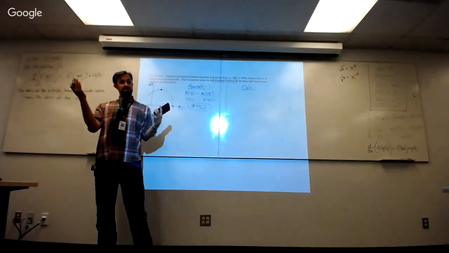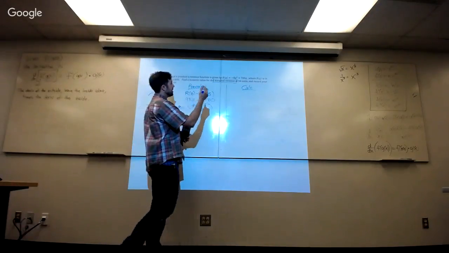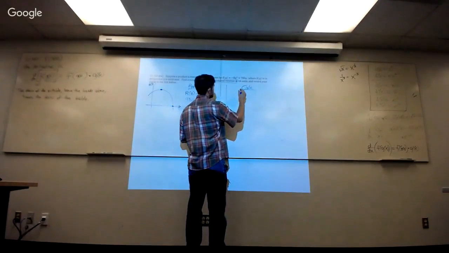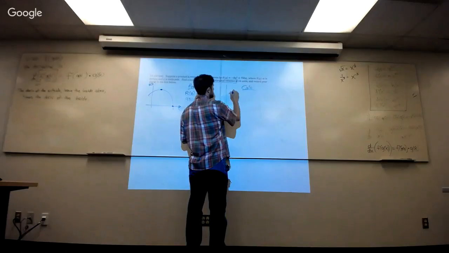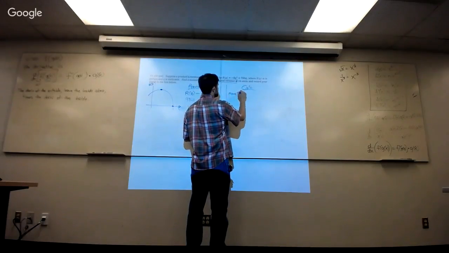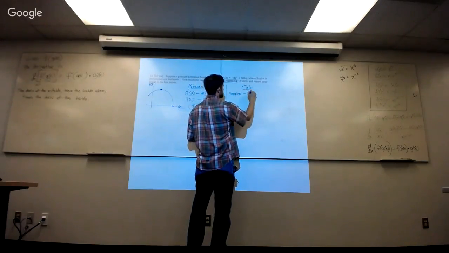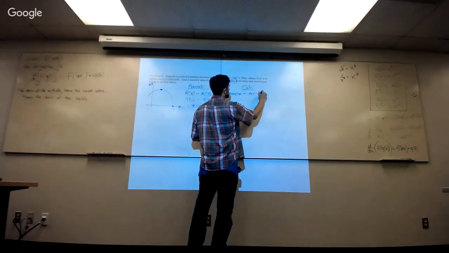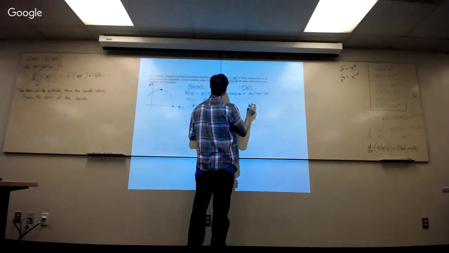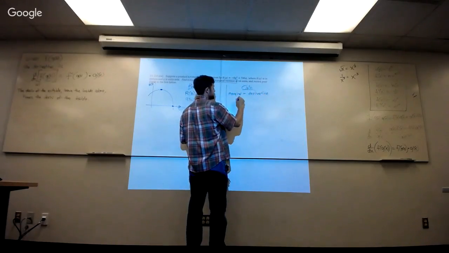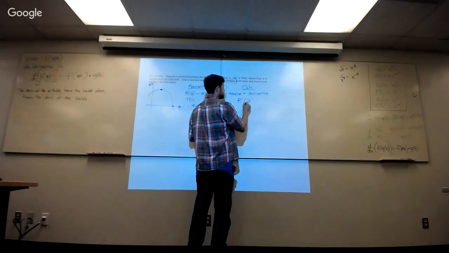Now the calculus method, marginal revenue is defined to be, I'll write it down for you. Marginal equals the derivative. So if I want the marginal revenue of the 16th unit, it's simply R prime of 16.